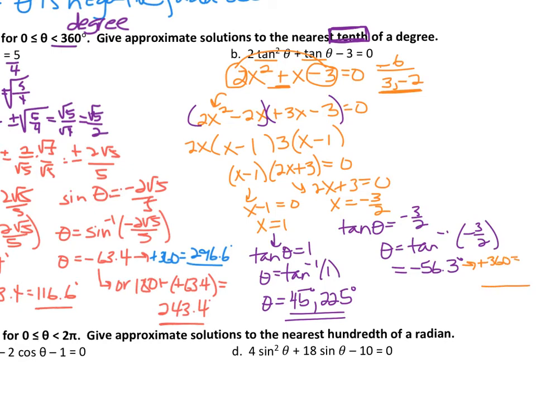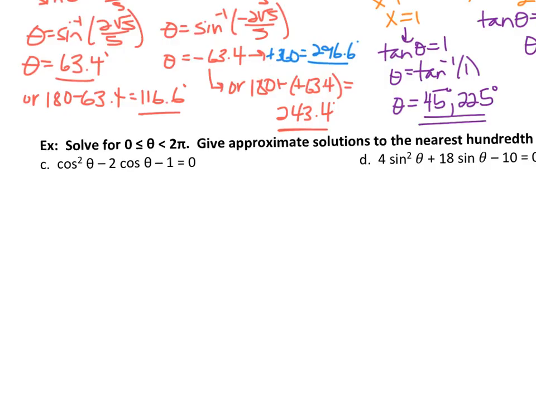Negative 56.3 plus 360 would put us at about 303.7 degrees. There's one answer. And then tangent's rule, to get the second answer, we add it to 180. But if our answer was negative, technically we subtract. 180 minus 56.3 would be 123.7. And those would be your answers in terms of degrees.